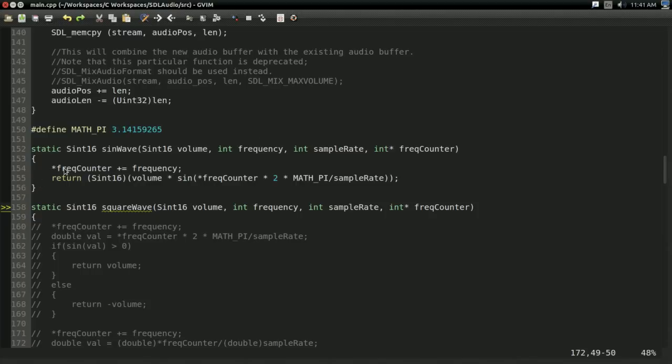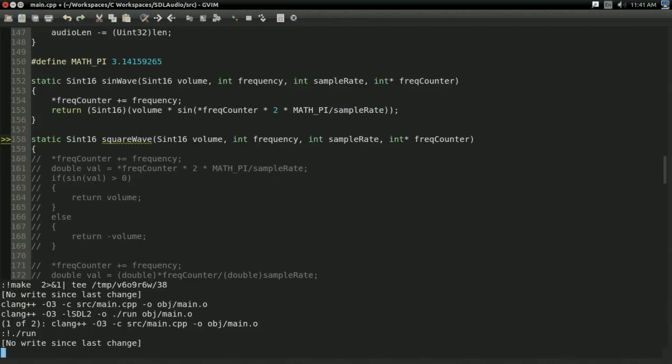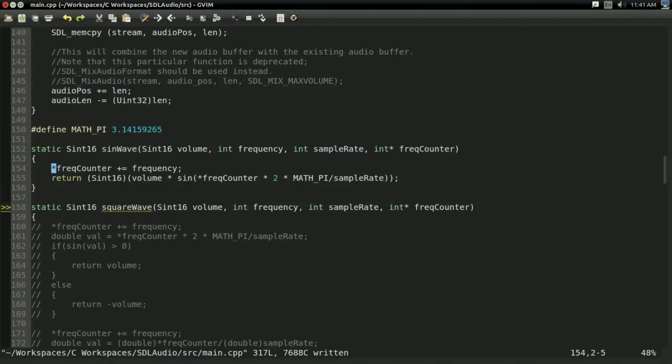You need this magical frequency counter variable, which is always incremented by frequency every time the sine wave is called. And you take the sine of this magical frequency counter variable times 2 pi divided by sample rate, and the sine of that times the volume gives you the appropriate sine wave at the appropriate frequency, volume, and sample rate. And if you run it, it works.